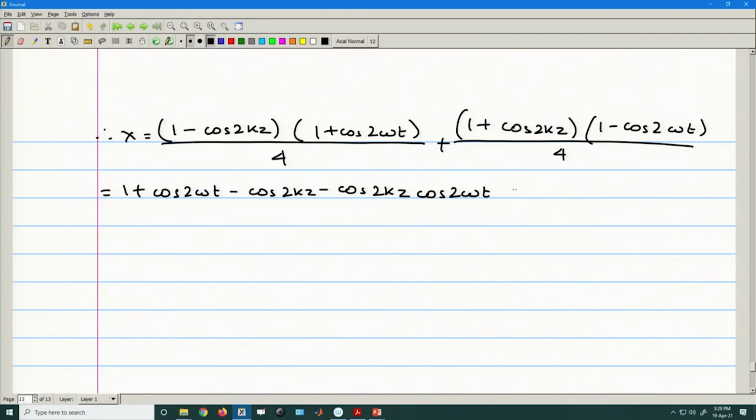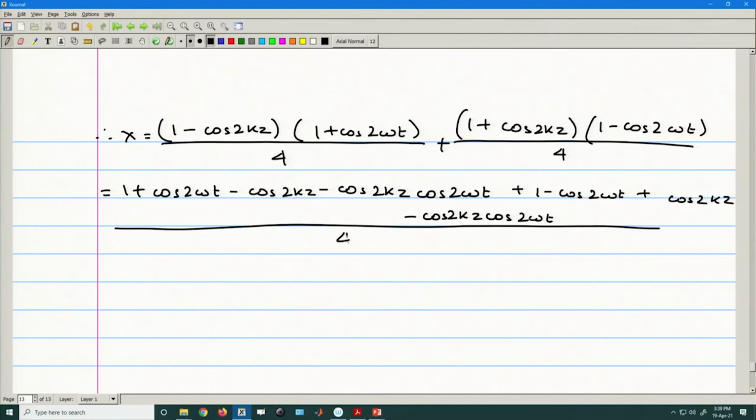Then plus 1 minus cos 2 omega t plus cos of 2 kz minus cos of 2 kz cos 2 omega t. Okay. By 4.